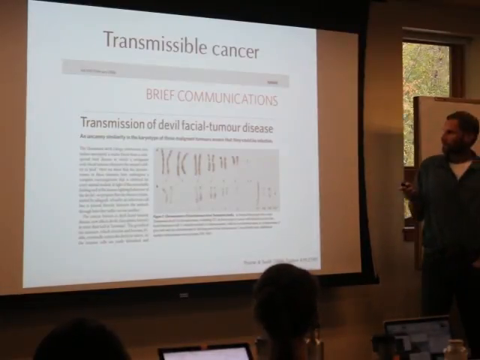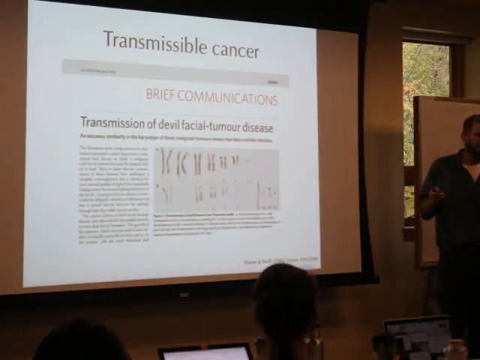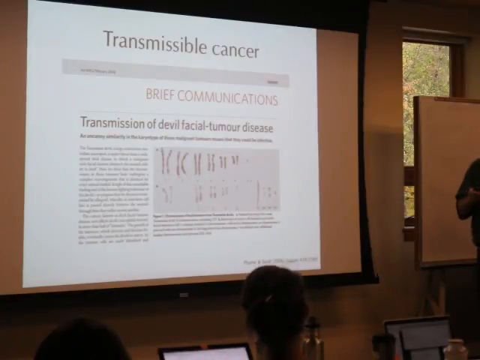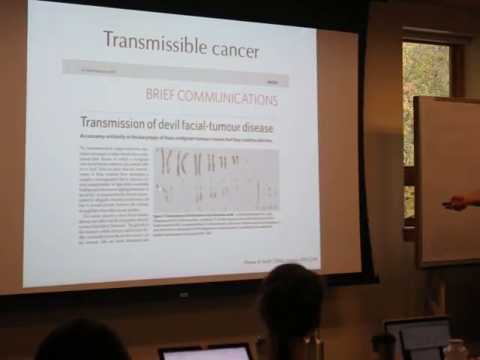Here's a paper that figured out that this cancer is actually a transmissible cancer. That means it's the actual tumor cells that are transferred from one individual to another. And they figured this out because if you take samples of tumors from multiple different devils, they had very similar karyotypes, and karyotypes that were entirely different from their hosts.